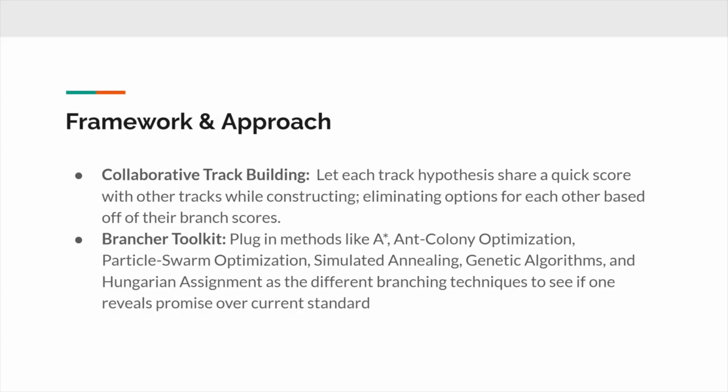Another approach we tried was, instead of just using the standard Kalman filter, to try other commonly known algorithms, specifically maze-solving algorithms, and see if we could implement them for this problem set.